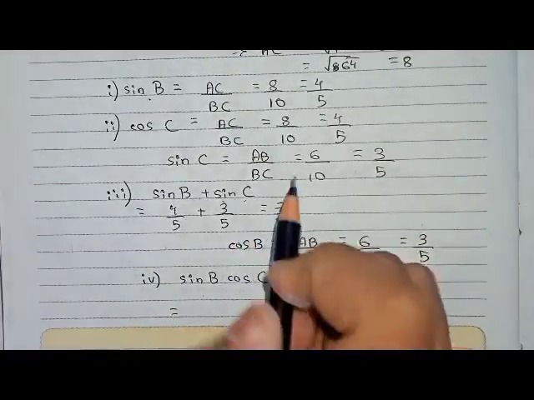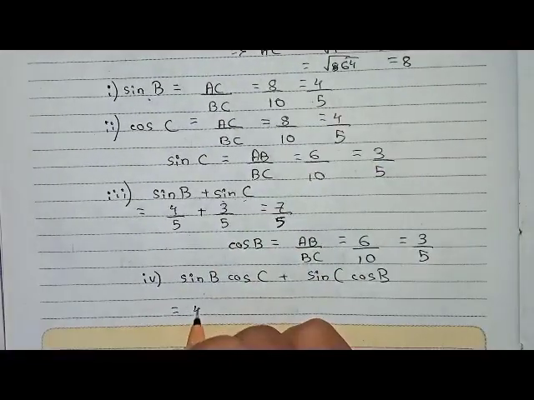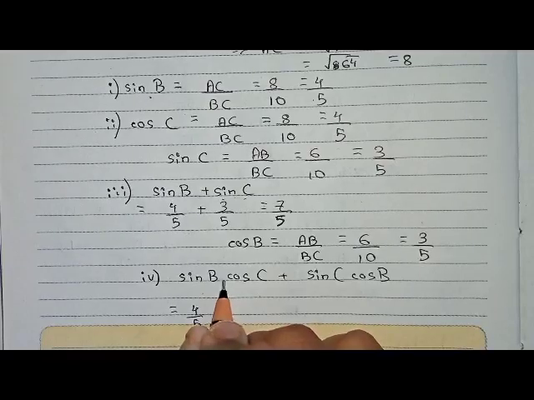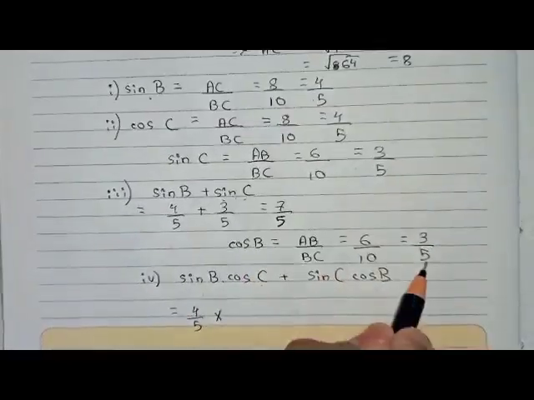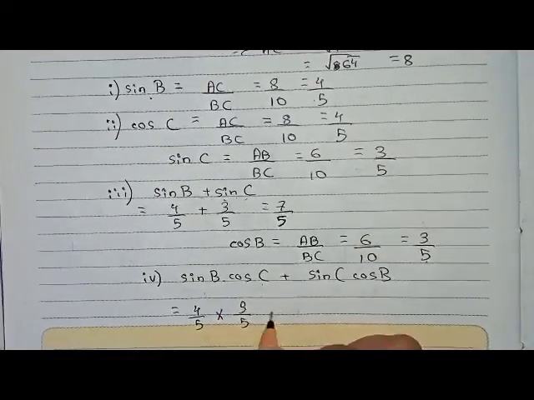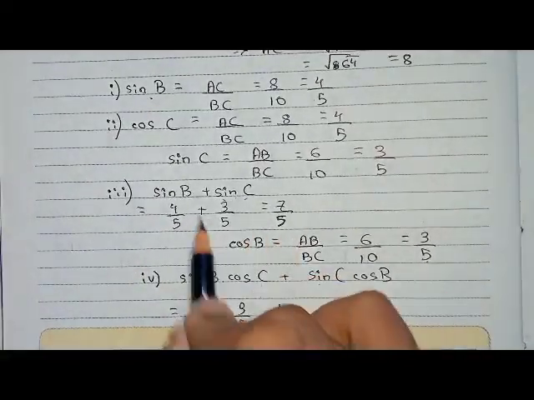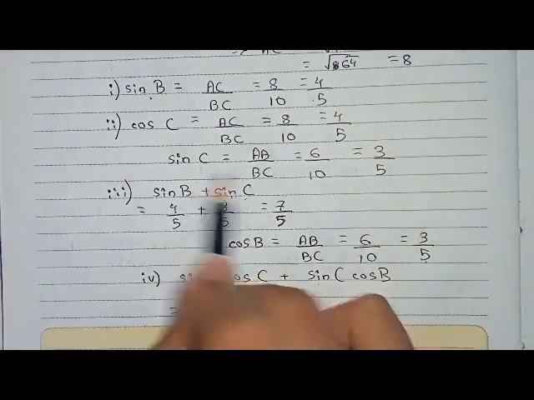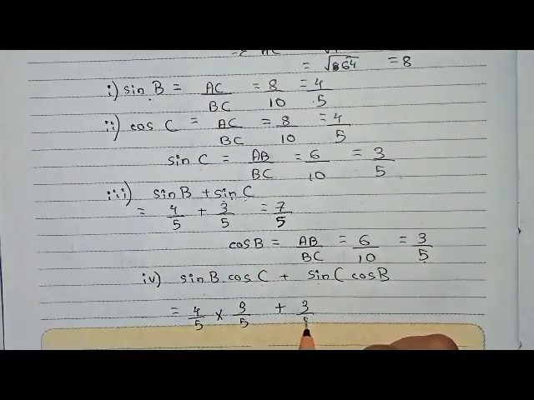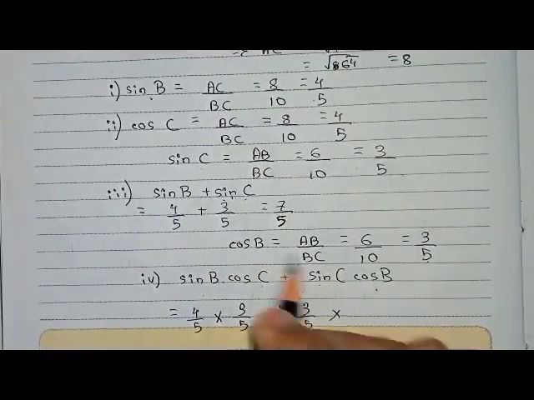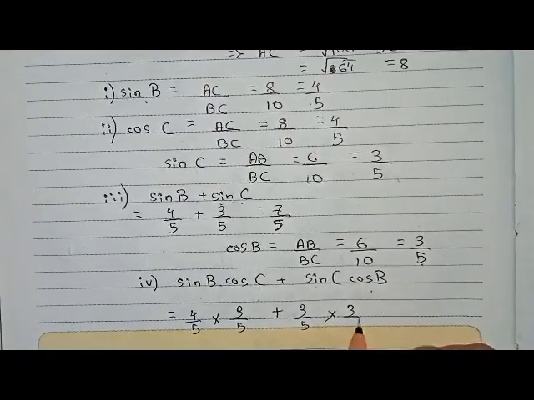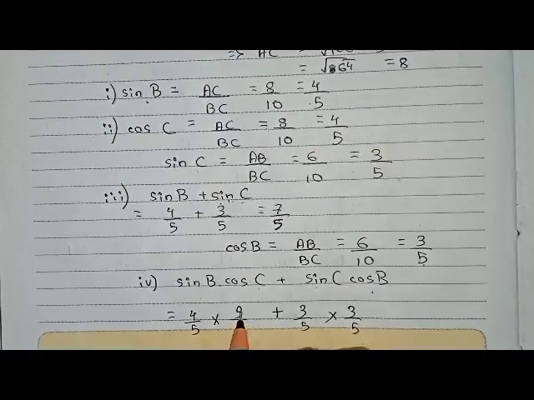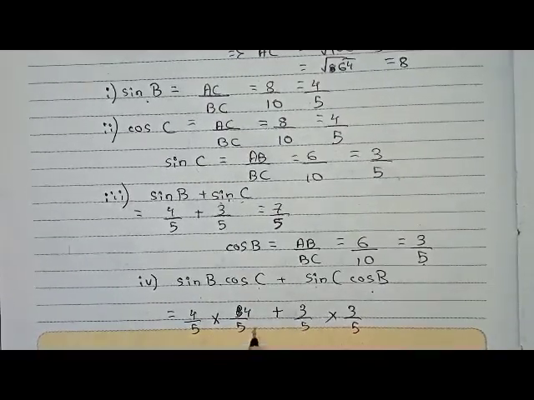Sin B value is here 4 by 5. In between there is no sign, therefore multiplication. So cos B is 3 by 5, plus sin C, 3 by 5, multiplied by cos B, which is 3 by 5. And guys, here it will be 4 by 5 as I made a mistake.